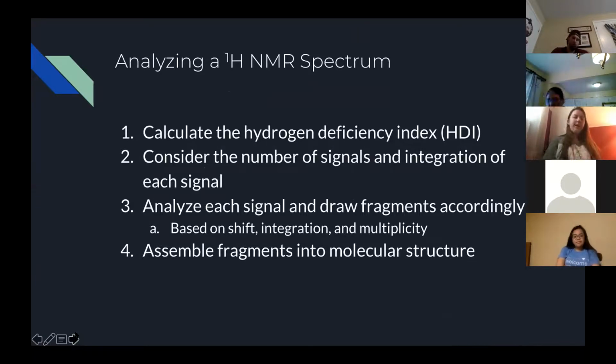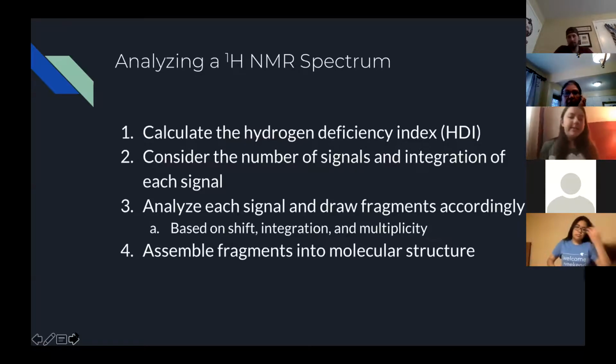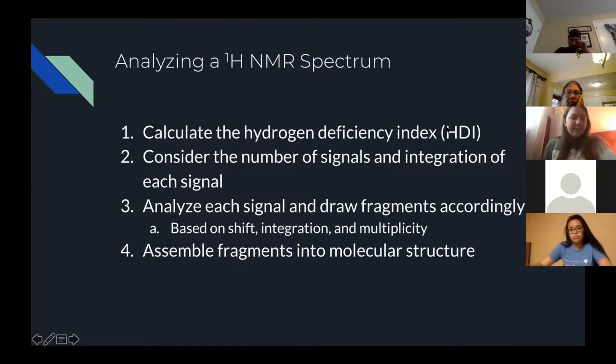So you're going to be looking at a spectrum, and then they'll usually give you the chemical formula, like C6H10 and so on. And then you have to figure out the exact chemical structure and how everything is joined together. The 4 main steps to doing this are, first, calculating the hydrogen deficiency index, which is your HDI. Did you guys already have somebody talk about this? Yeah, Adele did, and that's from the previous chapter, I think.